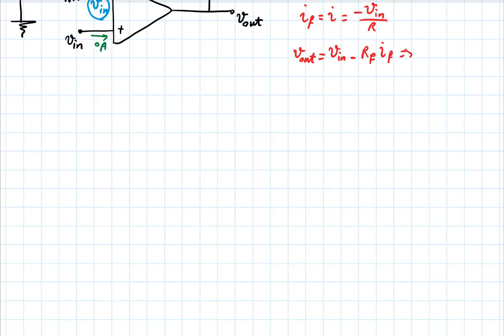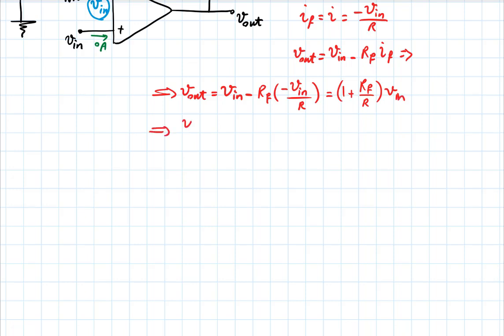Which makes it that. The ratio then is simply again determined by the values of those two resistors.